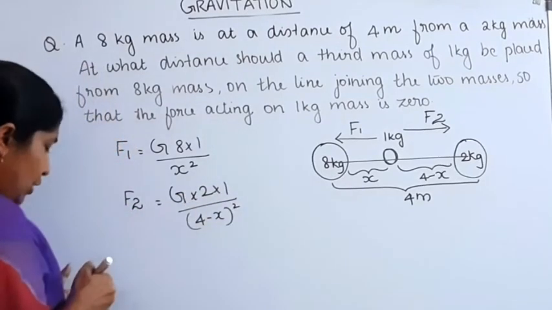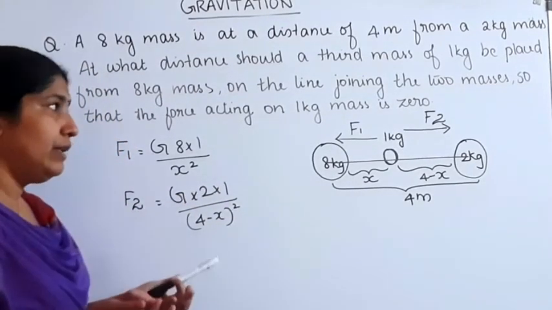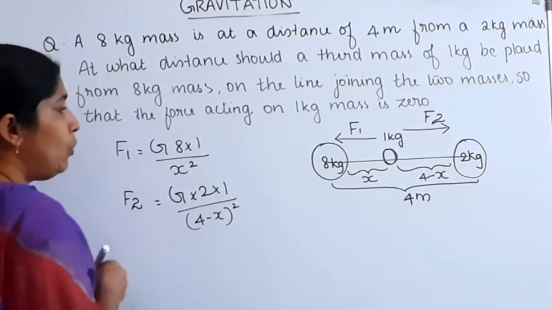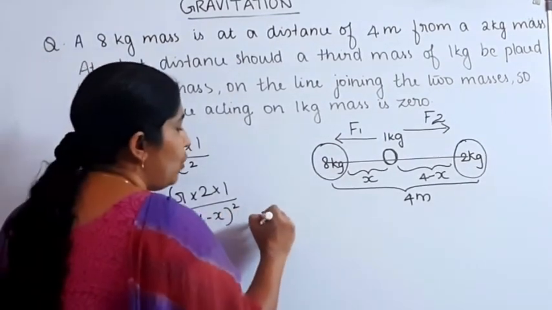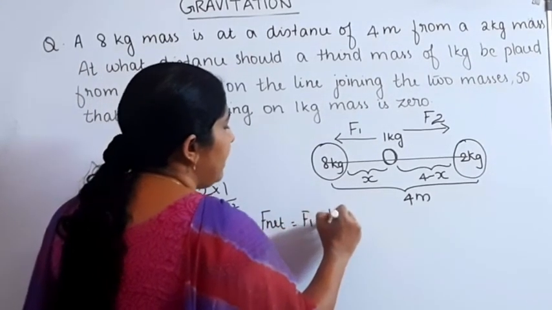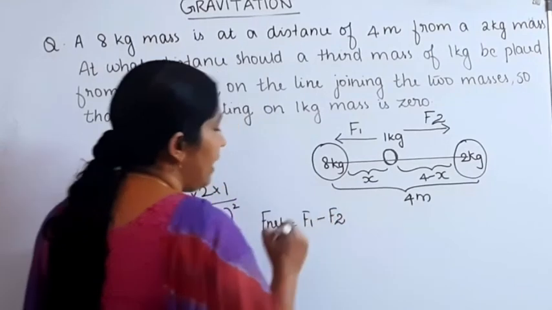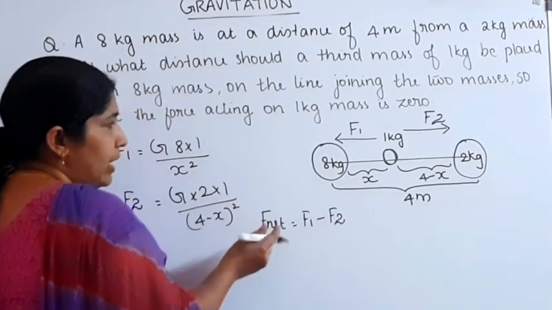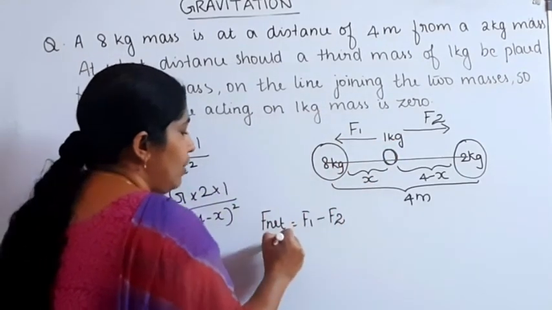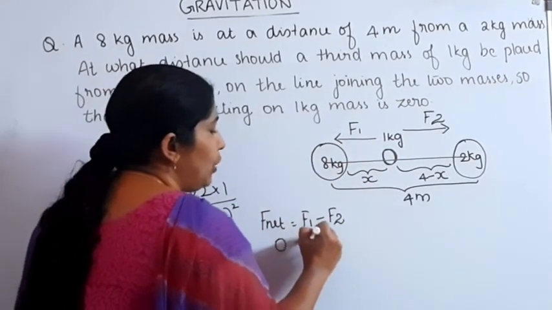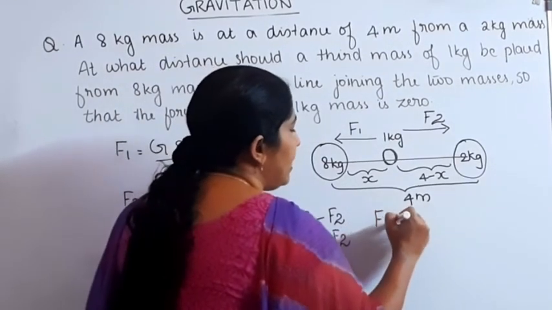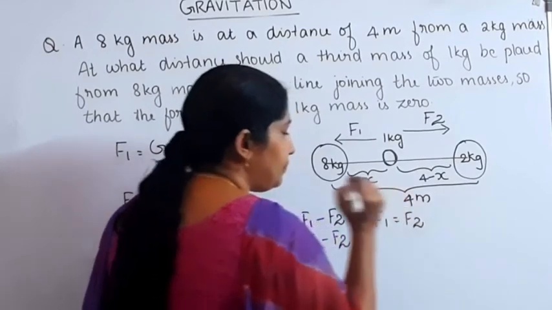These two forces are in the opposite direction. So the resultant or net force is equal to F1 minus F2. In our question, the net force acting on the 1 kg is taken to be 0. Then 0 is equal to F1 minus F2. From here, we can write F1 is equal to F2.